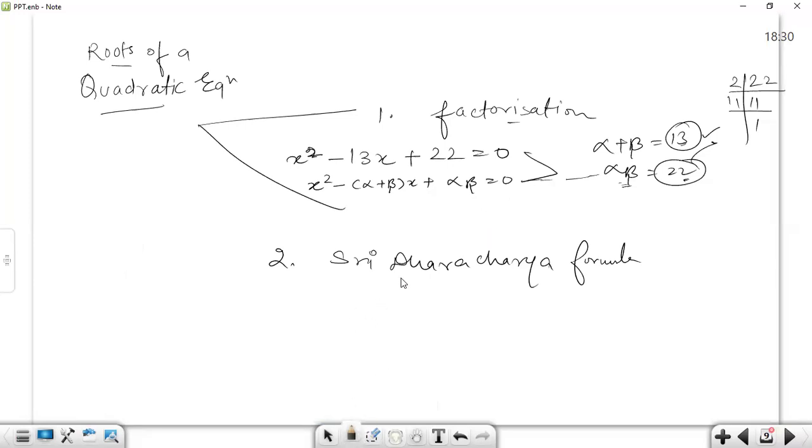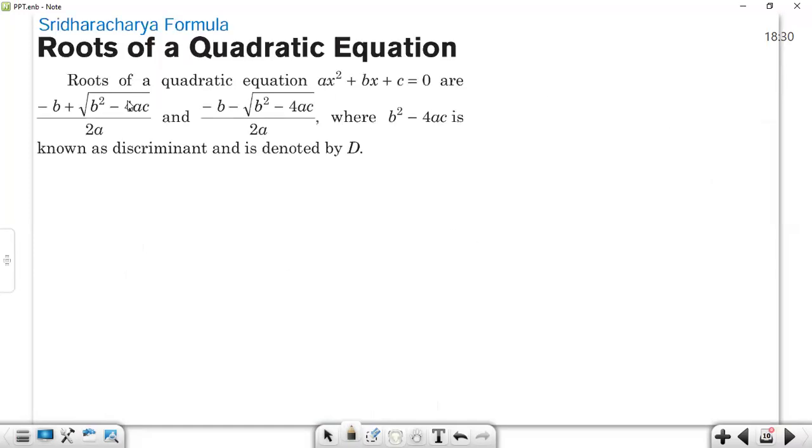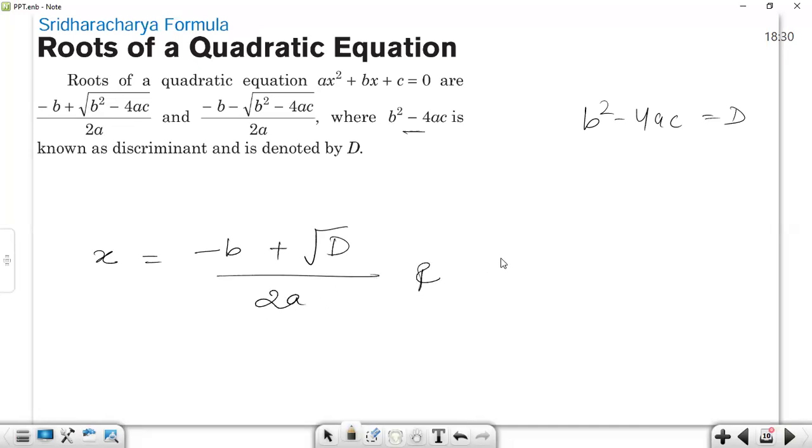So let's discuss the Sridharacharya formula. Here b square minus 4ac is the discriminant. So basically the roots will be x equals minus b plus square root of D by 2a, and x equals minus b minus square root of D by 2a, because whenever we write a square root of anything, we consider the plus minus value with it, right?